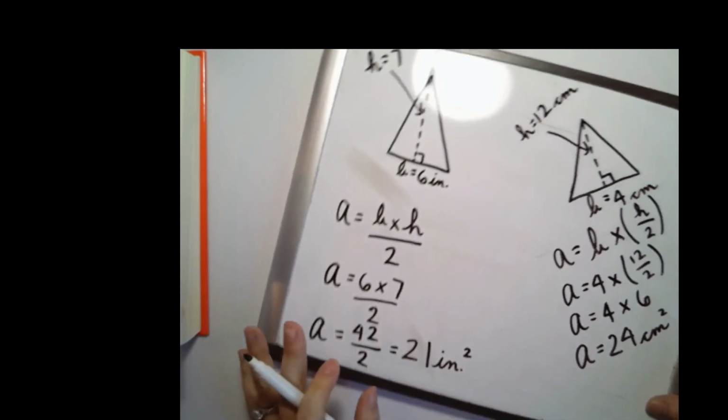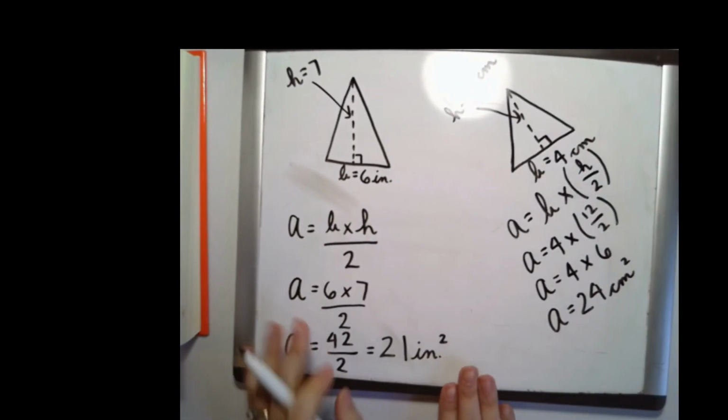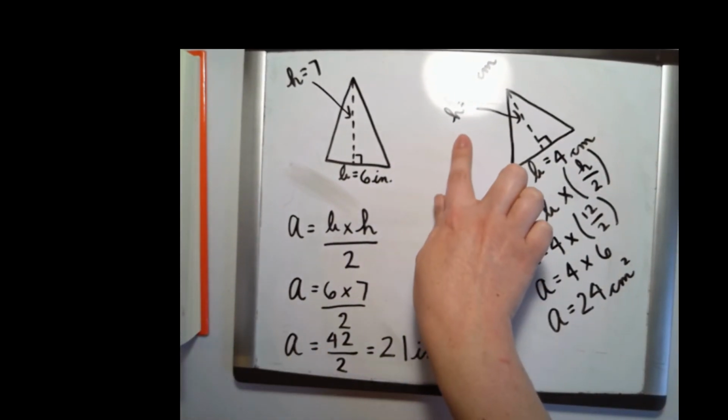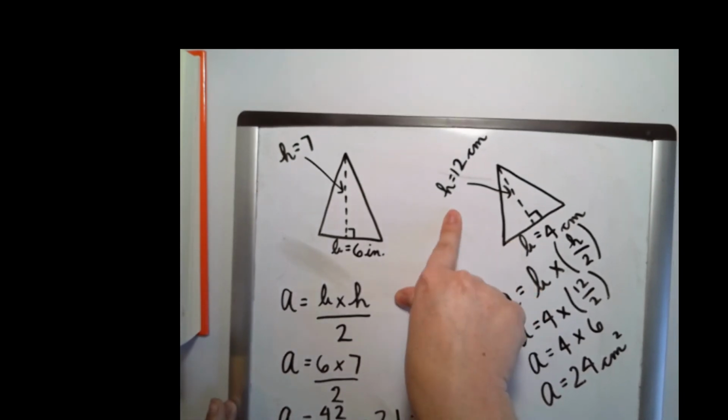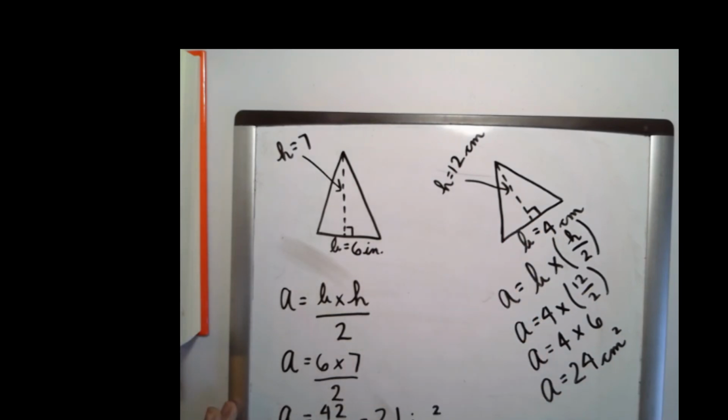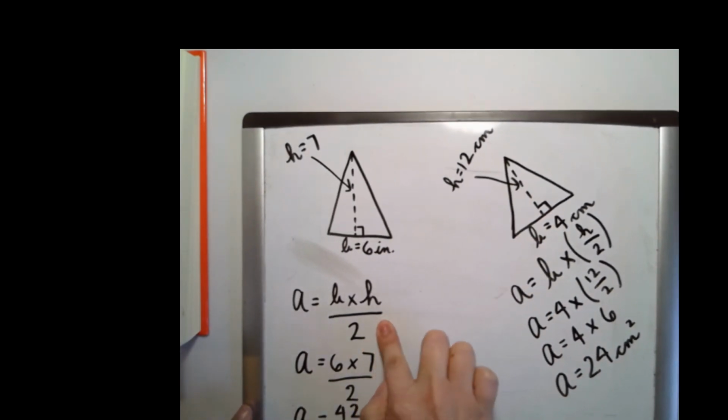So something important to think about when you're solving these problems is to look at your height. So here, my height was 12 centimeters and my base was 4 centimeters. Now, I could have used this to solve it.